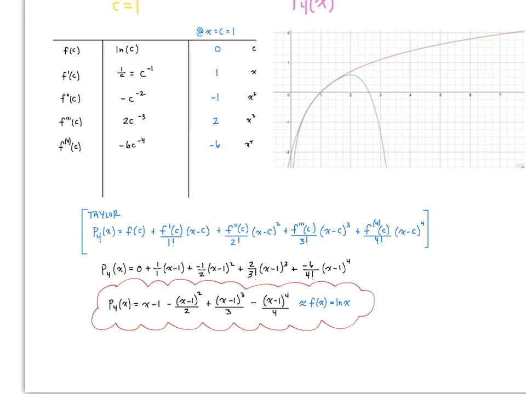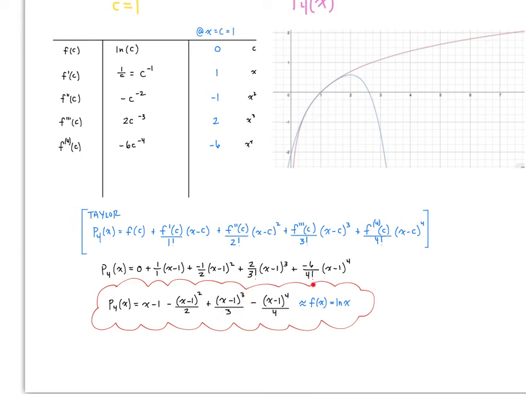So now we just have to go through and clean up these coefficients with the factorials as well. And when we do, we get our fourth degree Taylor approximation as x minus 1, that's this guy here, minus x minus 1 squared over 2. 2 over 3 factorial is going to simplify to 1 over 3, and so you have x minus 1 cubed over 3.